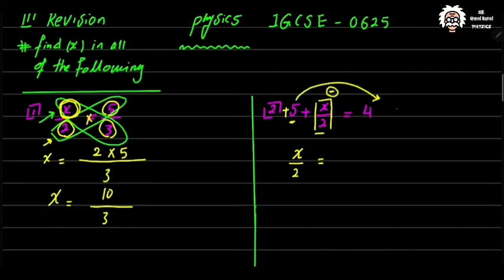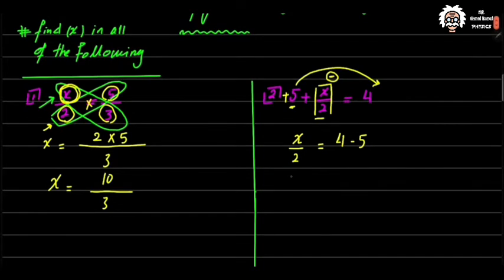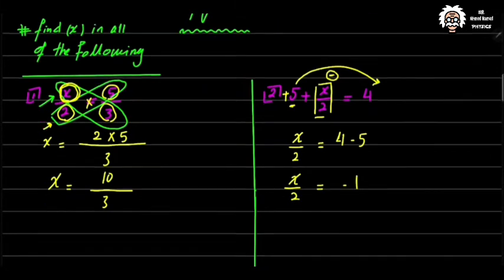To transfer it to the other side, we need to reverse the sign from positive to negative. So x over 2 will equal 4 minus 5. So we can write x over 2 equals negative 1. We need to find the value of x.